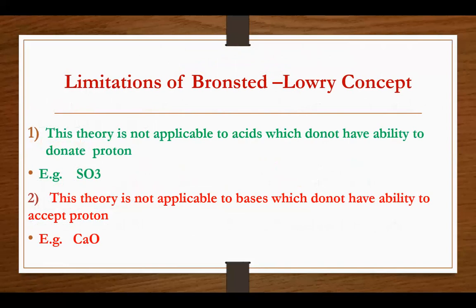Just like Arrhenius concept, Bronsted-Lowry concept also has limitations. Two important limitations have been observed. Number 1, Bronsted-Lowry concept is not applicable to those acids which do not have ability to donate proton. Still, they are acids, but they don't have ability to give proton.